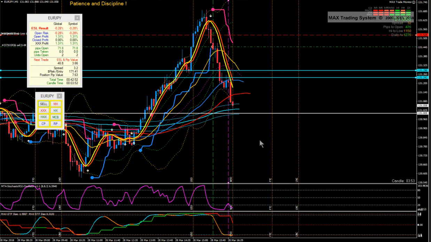Then with the second half of the European session, we have the European traders but also the US traders, an overlap between the second half of the European session and the first half of the US session.